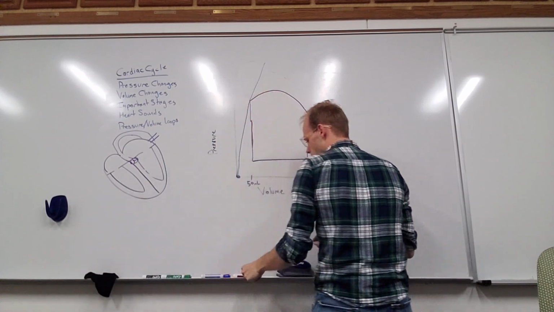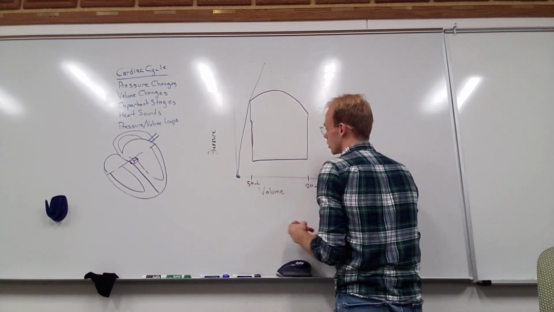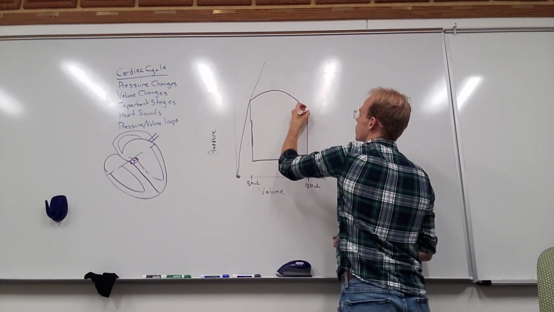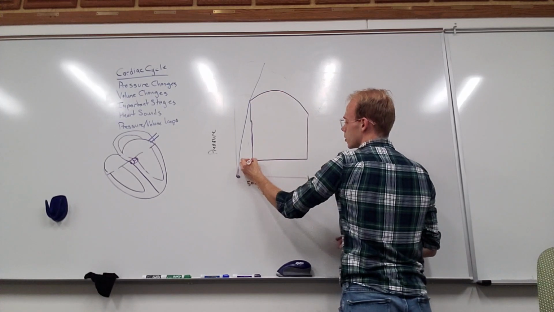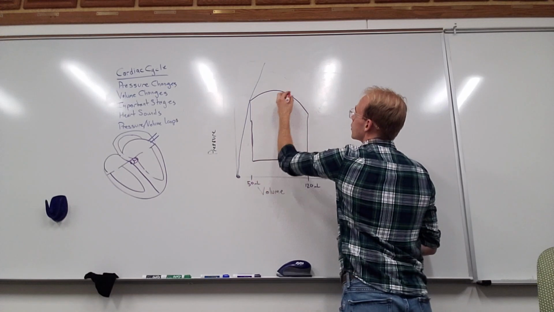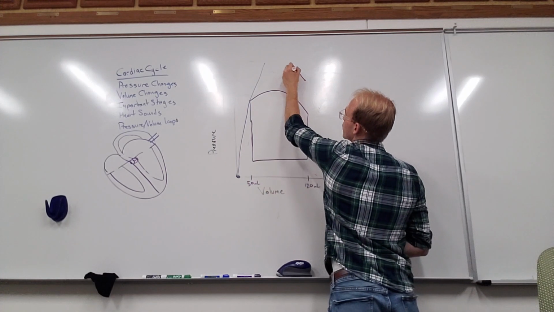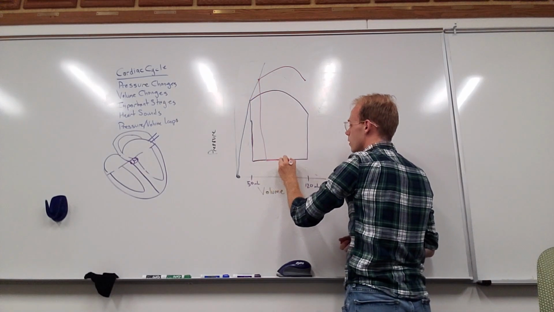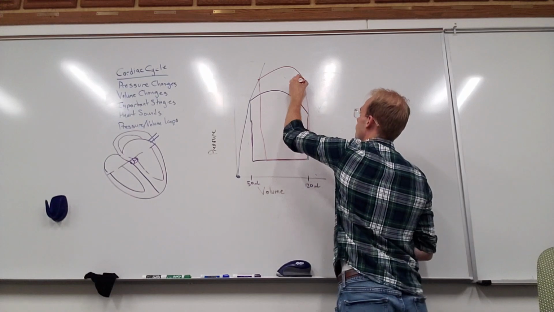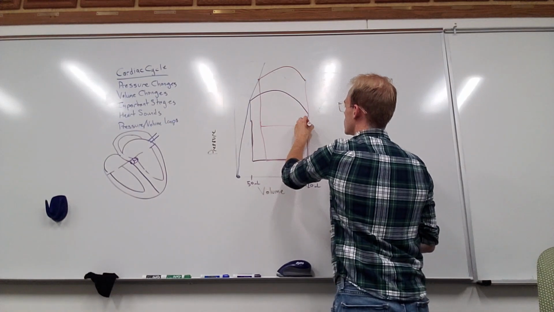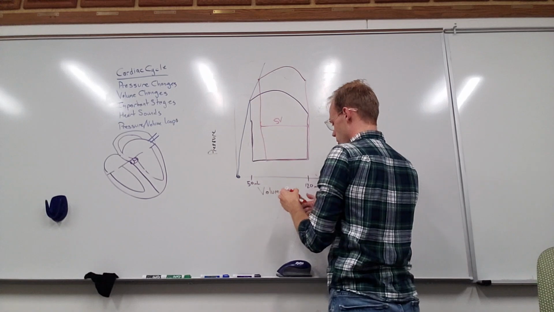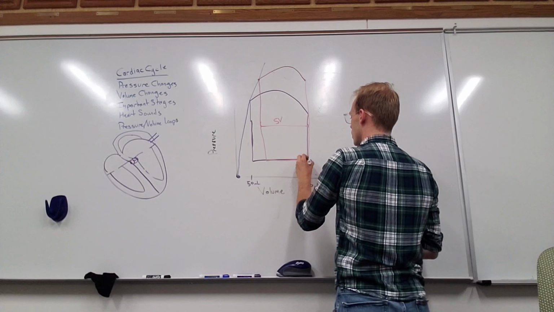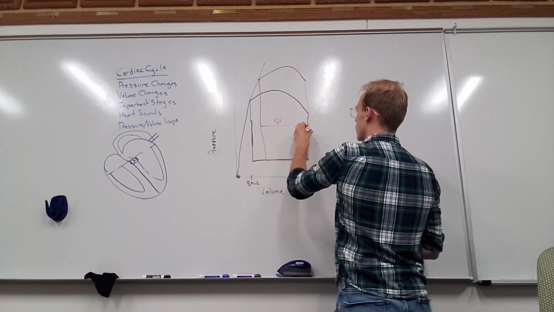So if I were to increase my afterload, so how much more force, afterload kind of ends around here, like that max pressure that it has to push against. So if I were to do afterload, so say we're starting here, and now I'm only able to go here. So then it's here, same there, same volume there. So you can appreciate how I have now decreased my stroke volume.